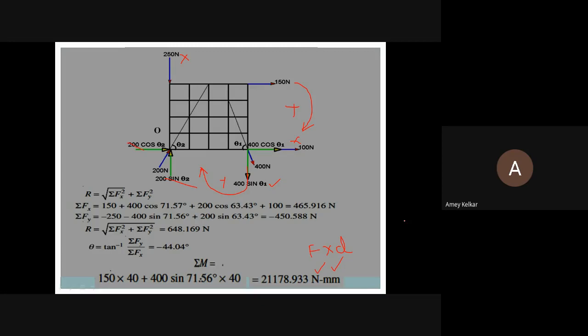The next module, most probably, is center of gravity and moment of inertia, which is very easy and very important from your exam point of view. It doesn't have any resolution, only common sense is required in those examples.